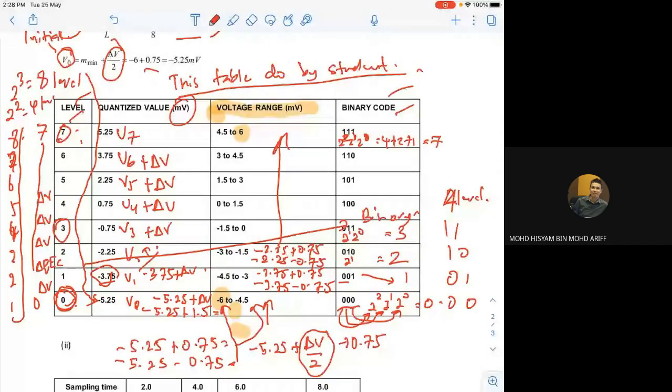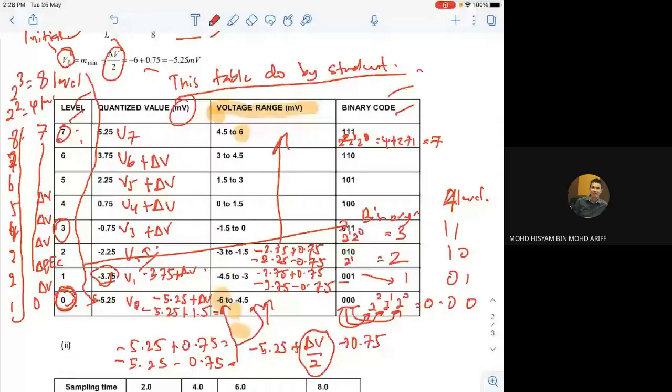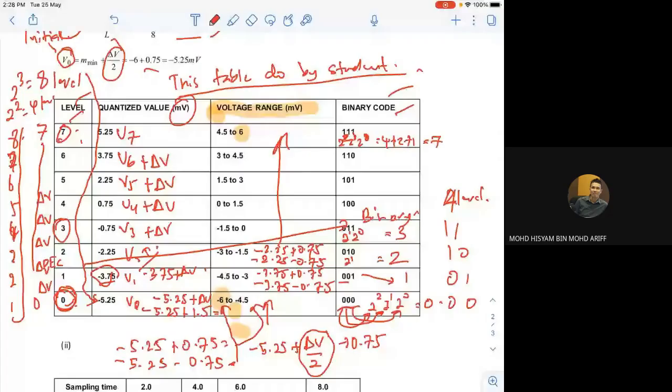Actually it's easy. Last time all students managed to answer.